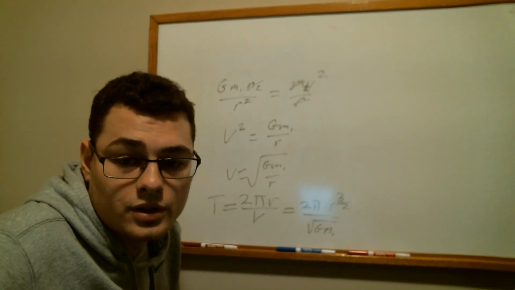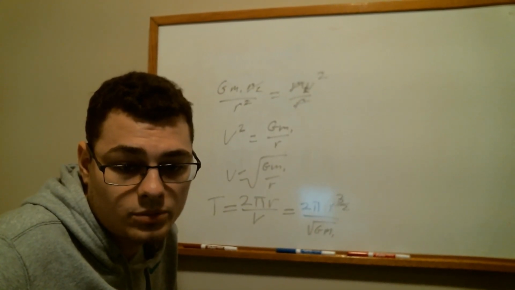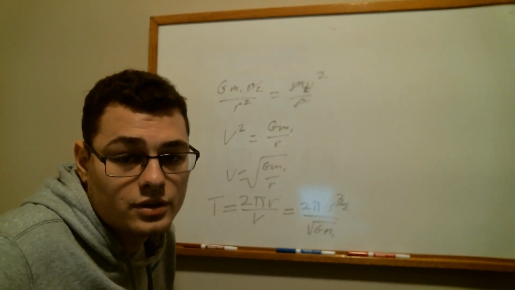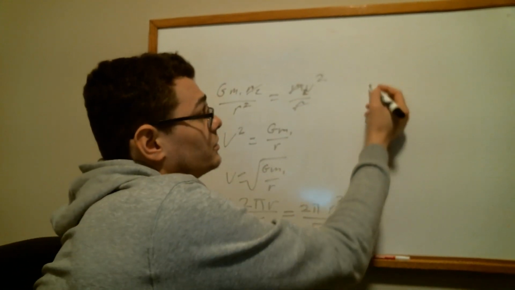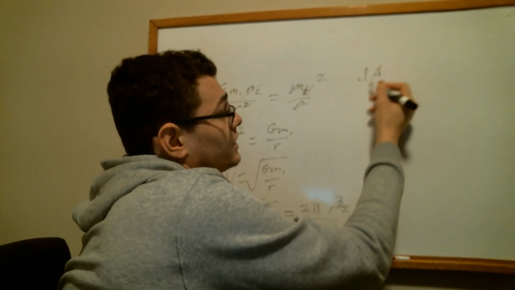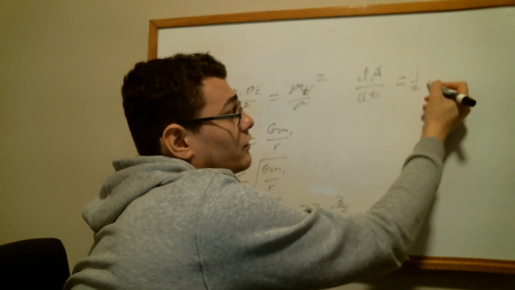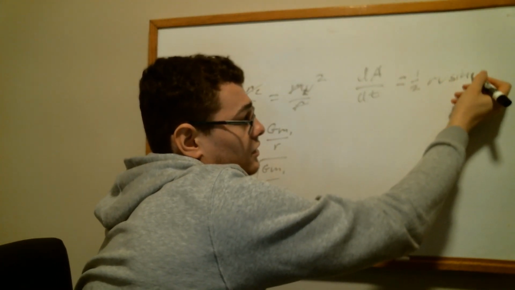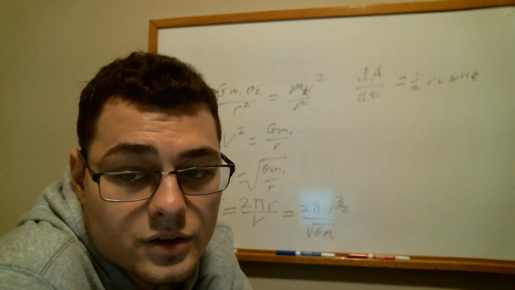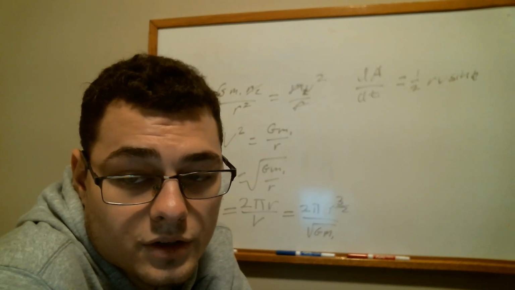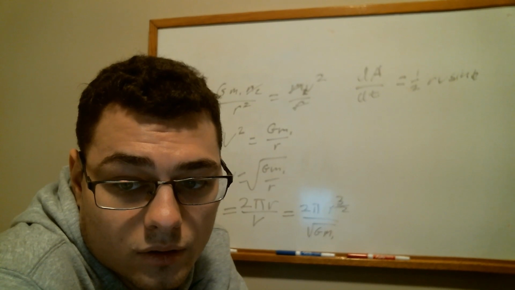So then you can go ahead and use that, and then last but not least we have Kepler's laws, and so then you just have to remember what the sector velocity is. We talked about this, and we said that dA/dt was going to be equal to 1/2 r v sine phi, and this is for the difference in area per time for an angle of the orbit.